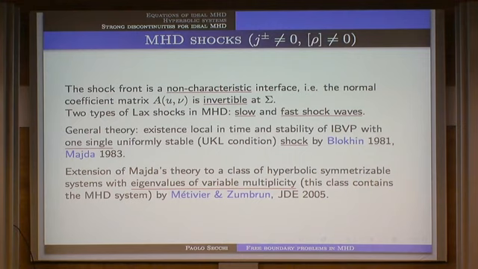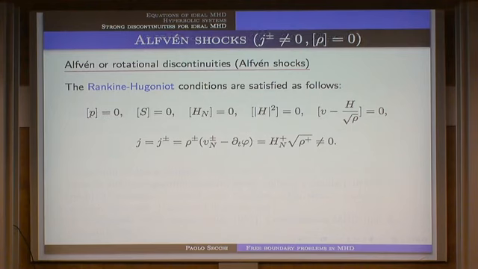Okay, so for shocks the general theory is okay, and one can have the local existence of a solution. Second case here, Alfvén shocks, where the Rankine-Hugoniot conditions are satisfied in this form. So we have a continuity of the pressure, continuity of the entropy, which means continuity also of the density, because of the constitutive law.